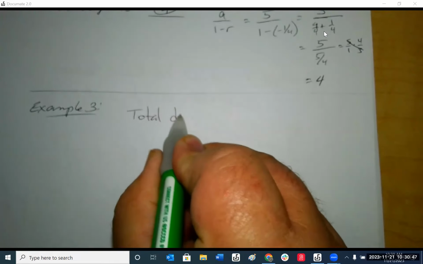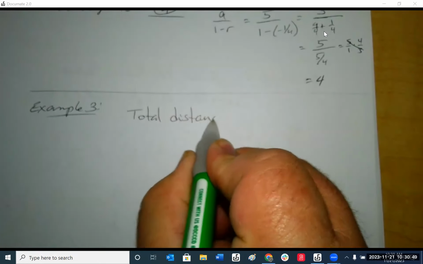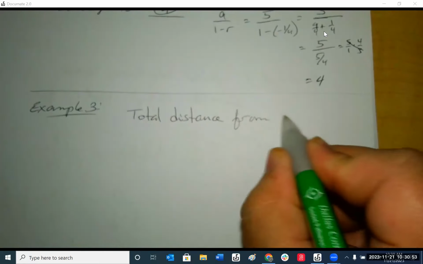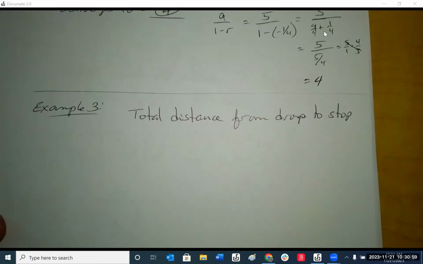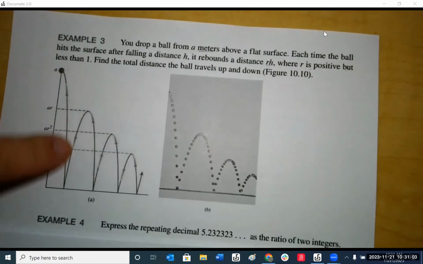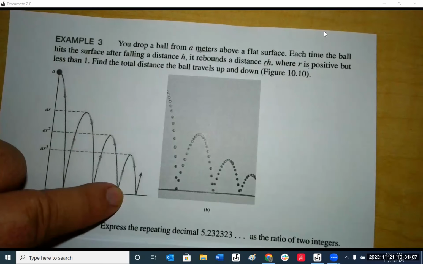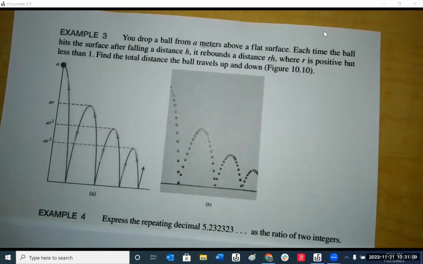We're looking for the total distance from drop to stop. So according to our graph here, we have this plus this plus this plus this.